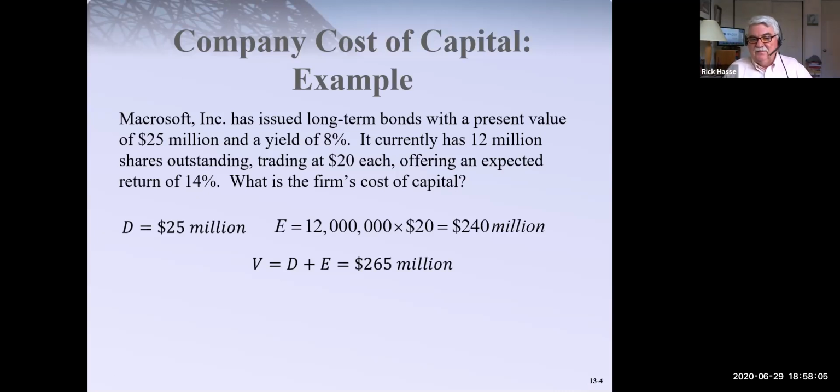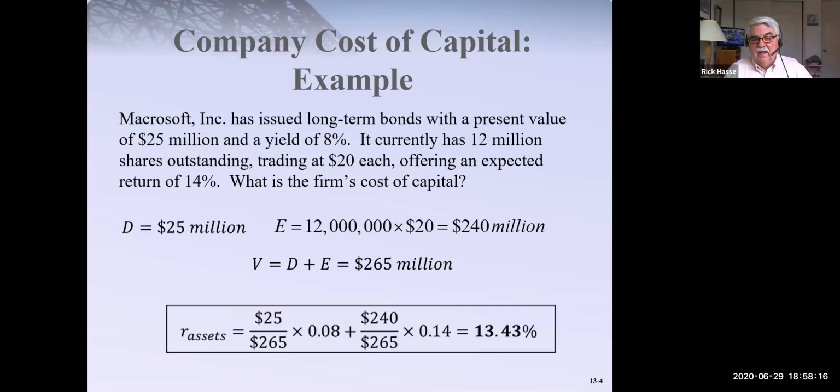But as of now, the total value of the company, market value of debt plus market value of stock, is $265 million. I take that percent of debt to the total times the cost of debt, plus the percent of equity to total value at a cost of 14%. If I do the arithmetic, their WACC is 13.43%.